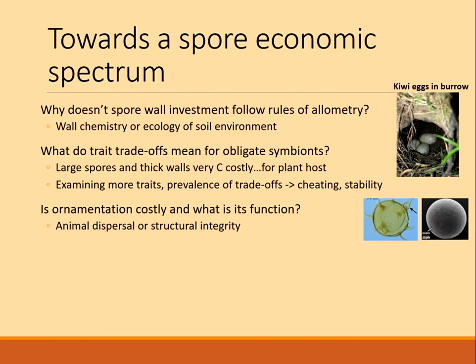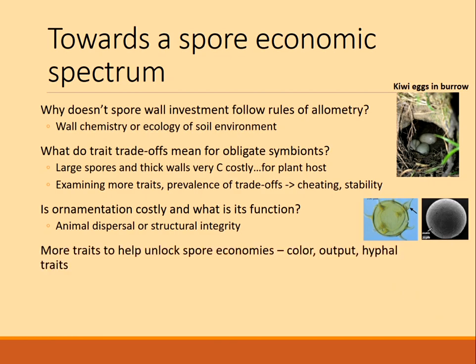We're not sure, but we are definitely excited to keep looking at more traits of the spores, and hopefully they can help unlock some of these spore economies, particularly if we start looking at other traits like color. Spore output is very important when we're looking at carbon costs to the plant. And then hyphal traits, of course, if we can figure out some way to incorporate hyphal traits, that would be excellent too, because it really is the main body of the fungus.